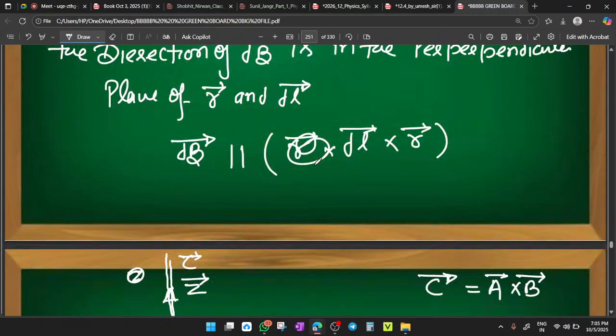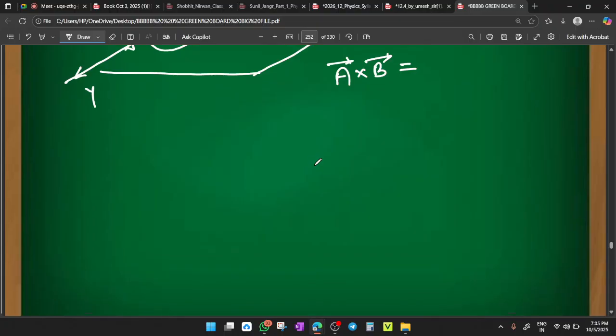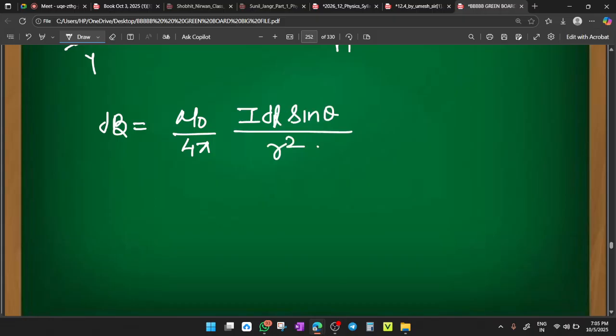So the vector form of this small dB is given by, previously dB was mu naught upon 4 pi I dl sin theta upon r square. Clear?